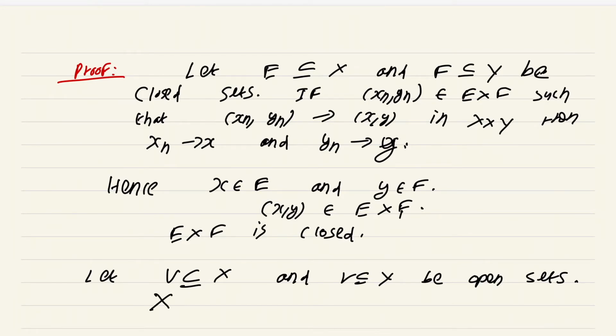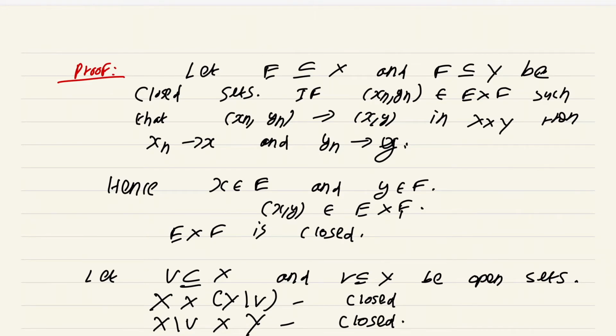You can take X cross (Y set minus V). Now, V is an open set, therefore Y set minus V is a closed set. So this is closed. In an entirely similar way, we have (X set minus U) cross Y is closed.